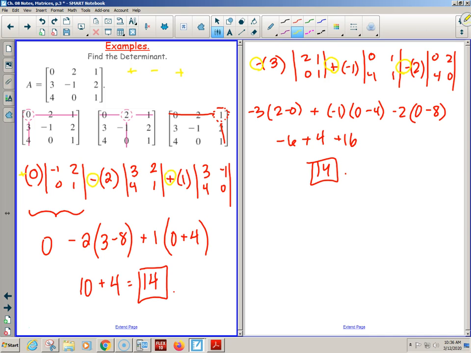But when I brought down the 3, the -1, the 2, if you were bringing down the 4, there is a pattern behind what I'm putting in front of each entry. And guys, it's always going to start with a positive, and it's always going to alternate across and down.